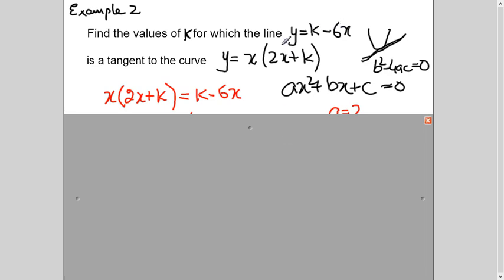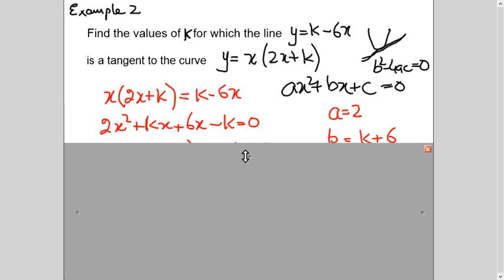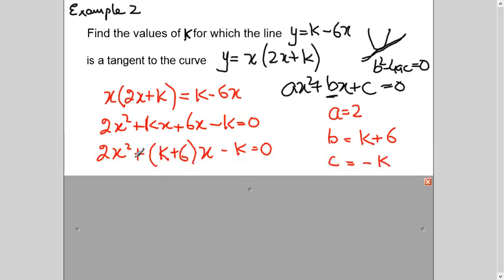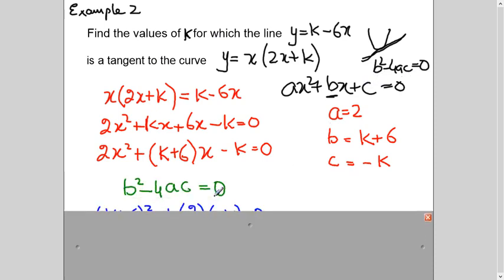So I have put this value of y here and I'm expanding it. Then I will take x common so that I have a coefficient of x. It will be k plus 6. Any problem here? So a is 2, b is k plus 6, c is minus k. And now, because the line is tangent to the curve, you will put it in b square minus 4ac equals to 0.